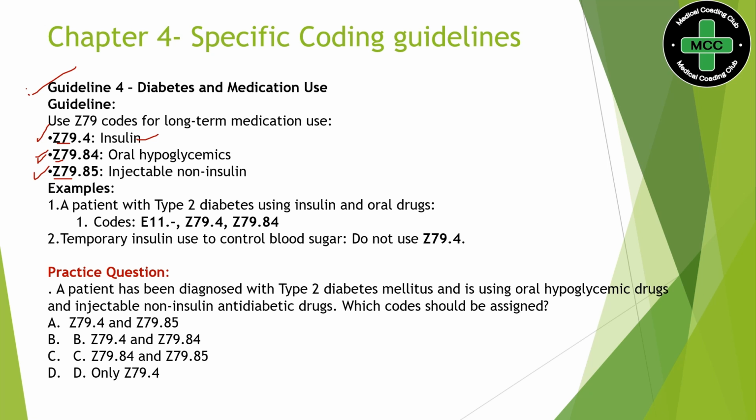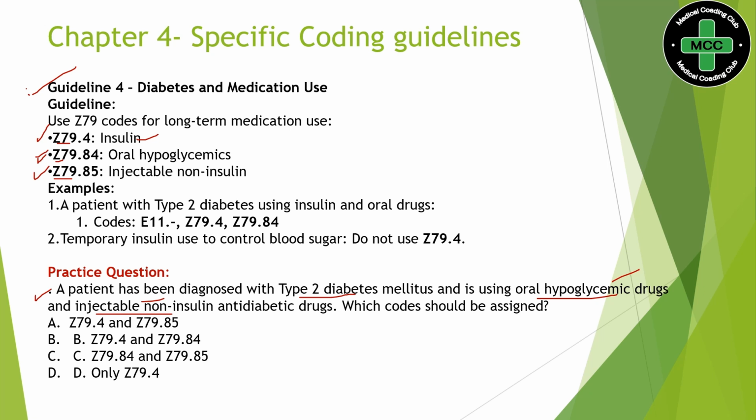So you can see the question here. The patient has been diagnosed with type 2 diabetes mellitus and is using an oral hypoglycemic drug and an injectable non-insulin. So here the patient is taking 2 types of drug. One is oral hypoglycemic and one is injectable non-insulin. Along with the diabetes code, we have to capture both medications. Don't leave out any medication, code all the medication.